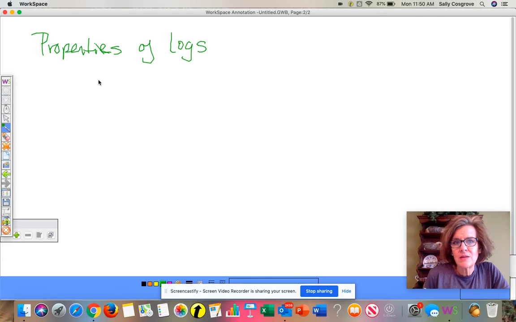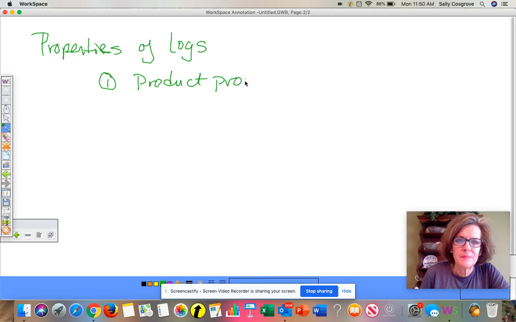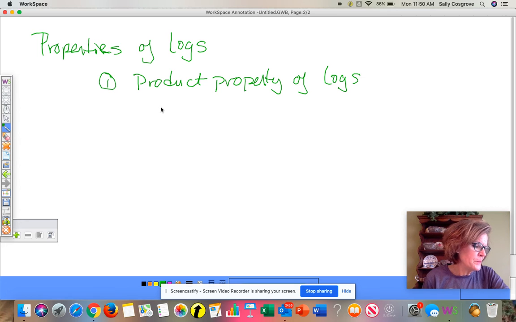All right, so properties of logs, we're going to look at 3 or 4 of them today. These are all based on exponent properties. The first one is called the product property of logs. All right, you know product means multiply.